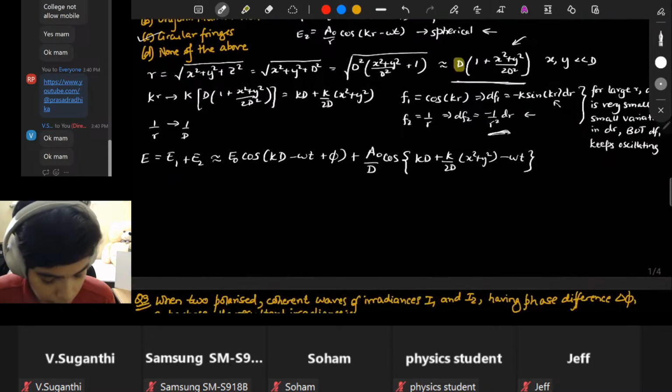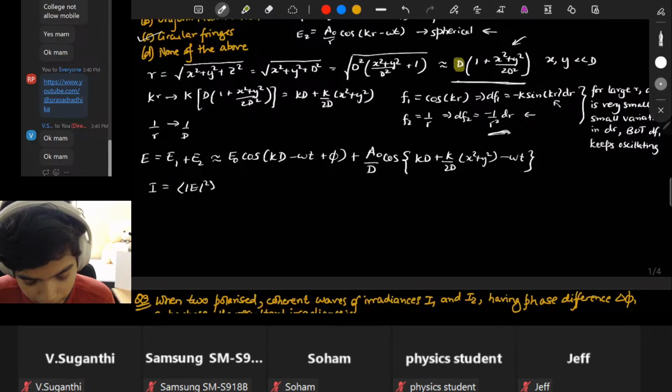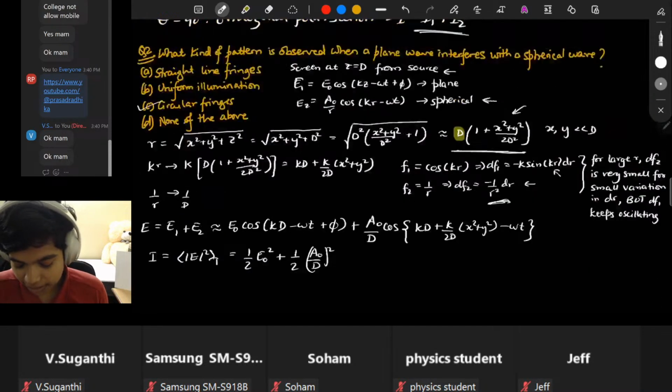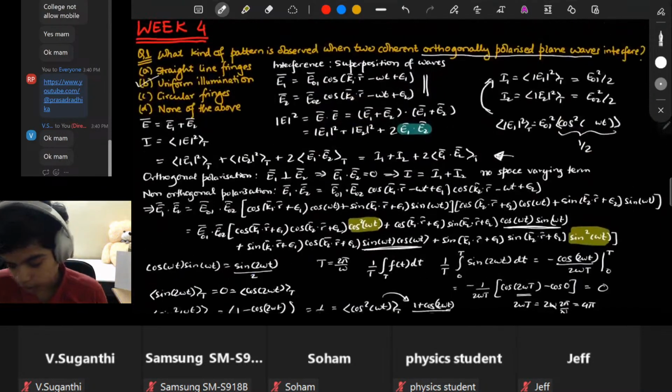Now we need to find out the intensity, which is nothing but the time average of mod E squared. This will be the time average of mod E1 squared, which is nothing but 1 by 2 E naught squared, plus the time average of E2 squared, which is nothing but 1 by 2 A naught over d squared. This is coming from the first question over here.